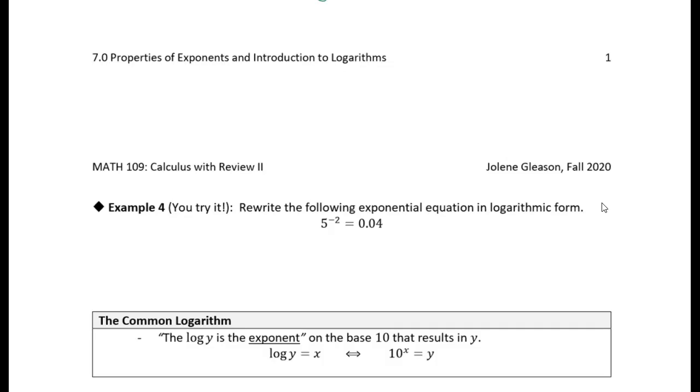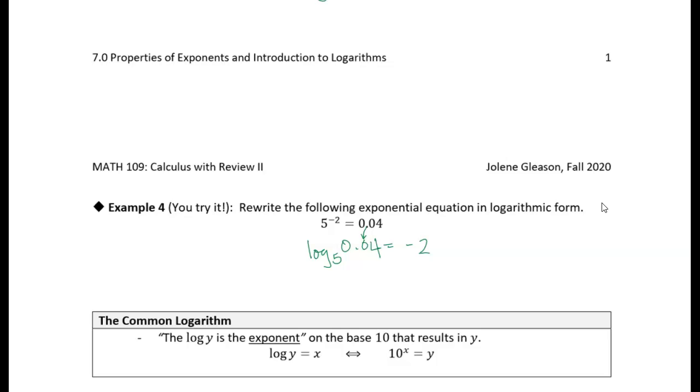We need the log with a base of 5 of 0.4 is equal to the exponent, minus 2. The result of a log is always the exponent on the base that gives you the number you're taking the log of. So that is that exponential expression in logarithmic form.